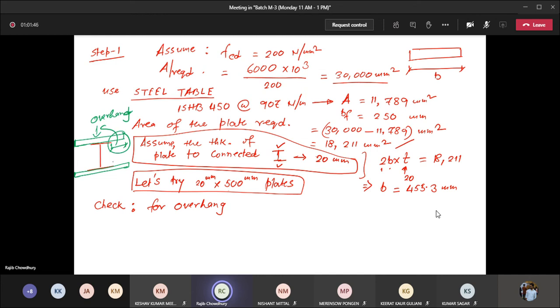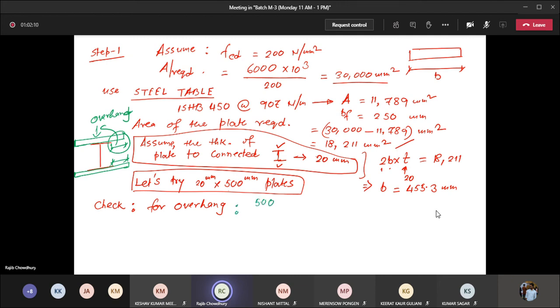This portion will get locally buckled. So your idea of taking that much section will be spoiled all of a sudden. So that is why we need to cross check the overhang.